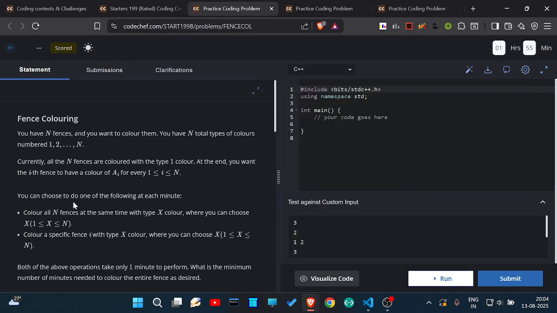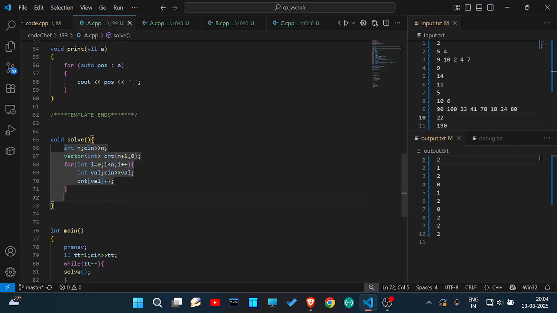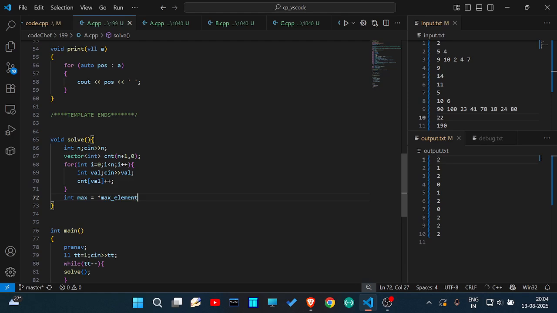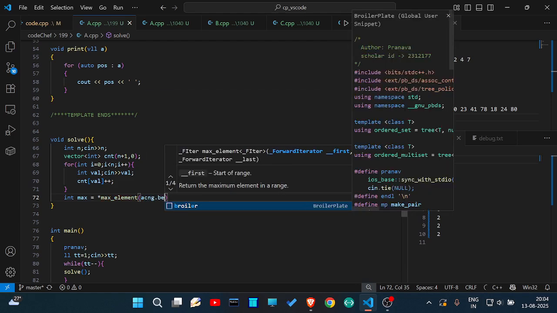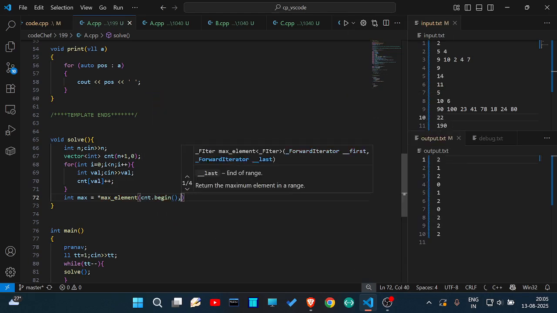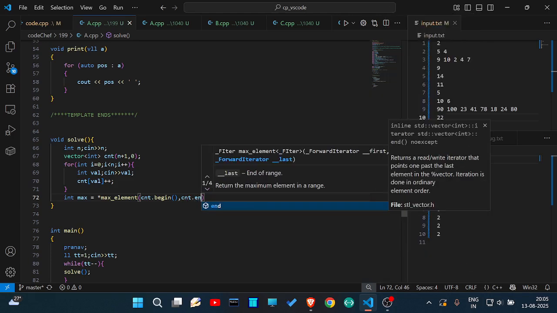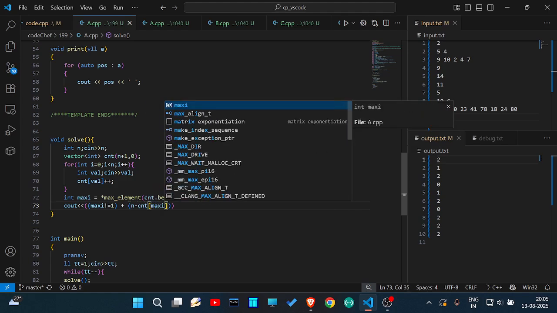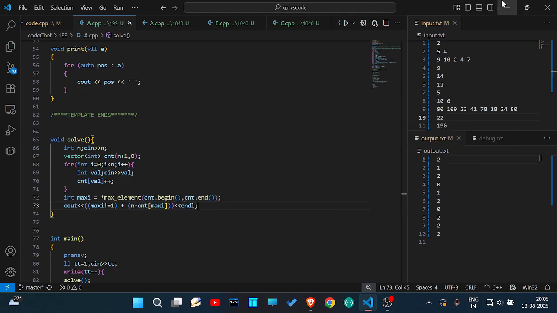It's colored with type 1. Right. Max plus n minus CNT of max. So we just get that. So let's see whether this works or not.